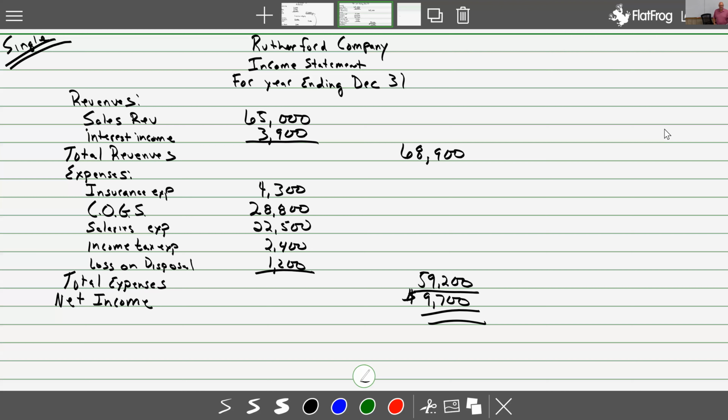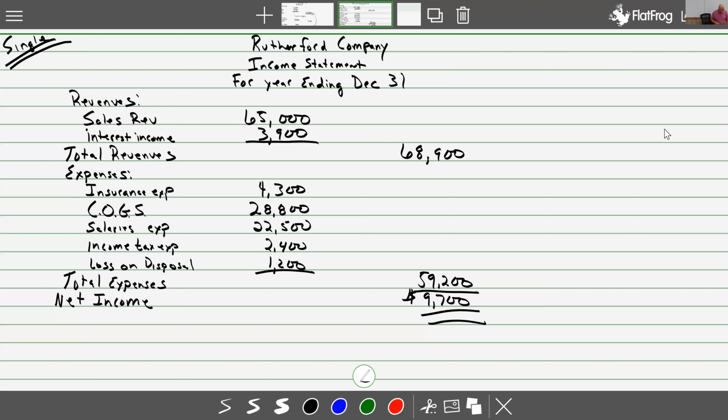And that is how you would create the simple income statement. Okay. This one is not used very often. It's good just to kind of get the process down, knowing that revenues are first, then expenses are second.